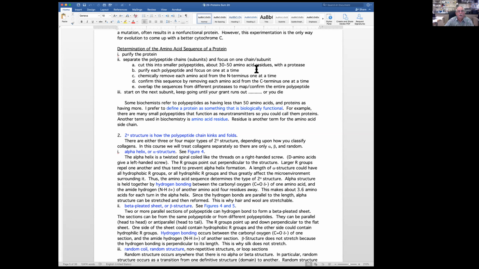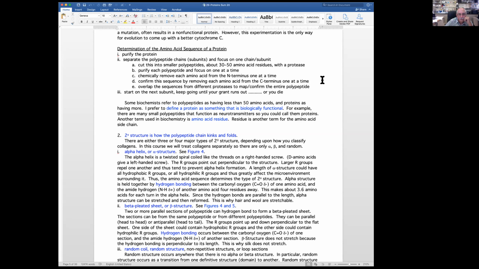So how do you do that? You chemically remove each amino acid from the N terminus one at a time and you identify it. Then you have to go in the opposite direction, remove each amino acid from the C terminus one at a time, and then make sure you get the same sequence. And then you do this for all of the pieces that you have.